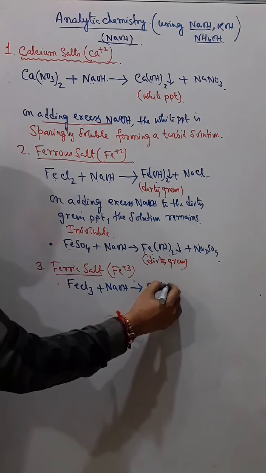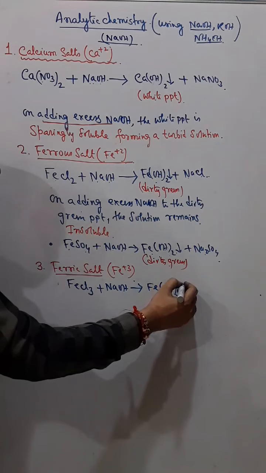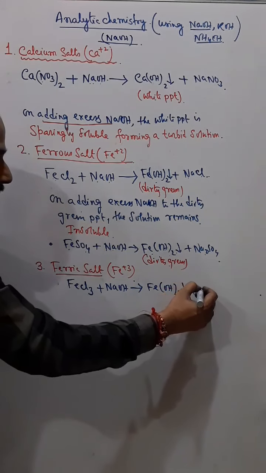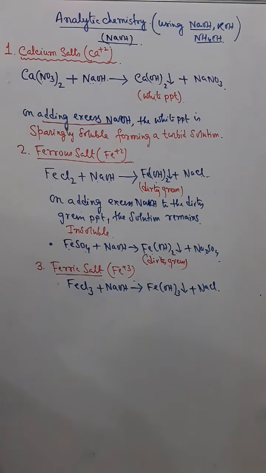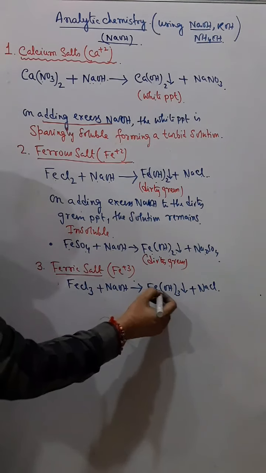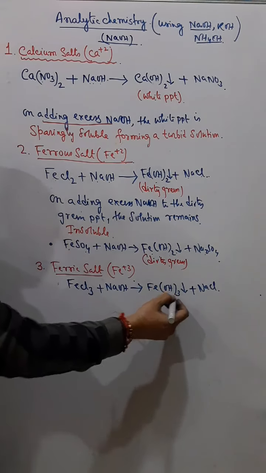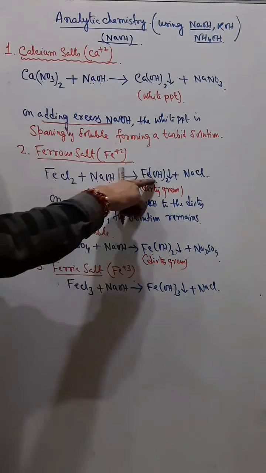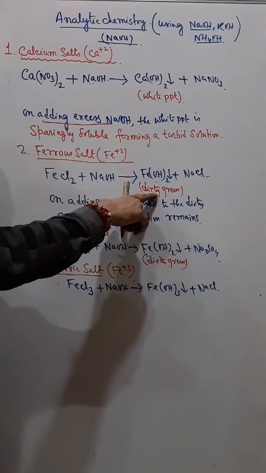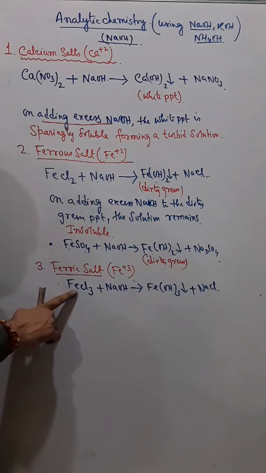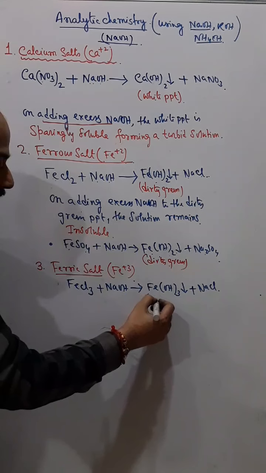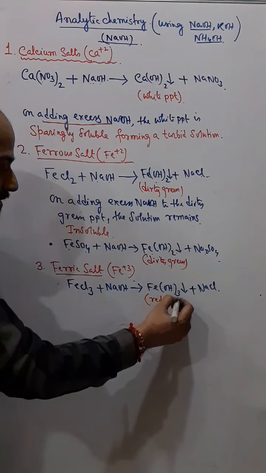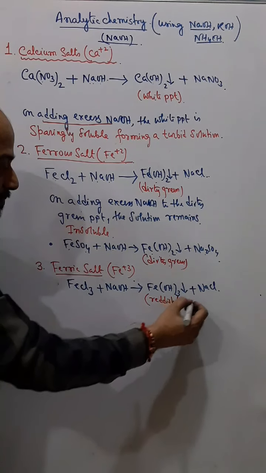So here we will get ferric hydroxide, Fe(OH) whole thrice, and plus NaCl. Okay, understand? So when we are using ferrous, we are getting ferrous hydroxide, the color is dirty green, and when we are using a ferric salt, we are getting ferric hydroxide, and the color is reddish brown precipitate.